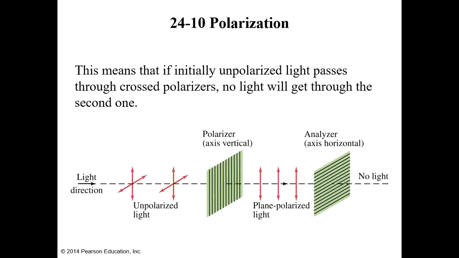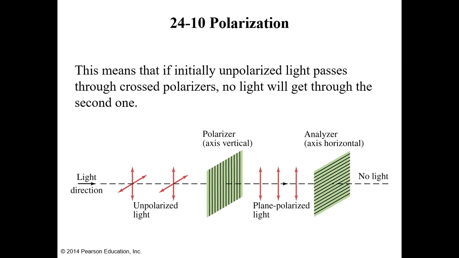So this creates an interesting phenomenon here. Let's say you have unpolarized light. It hits a vertically oriented polarizing filter, so only the vertical components are allowed through. So you now have plane polarized light oriented vertically.